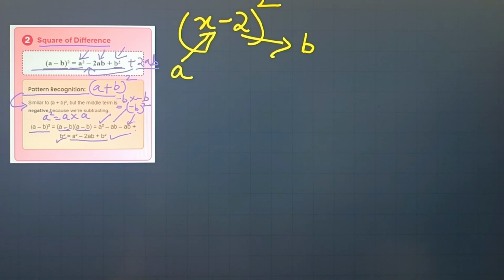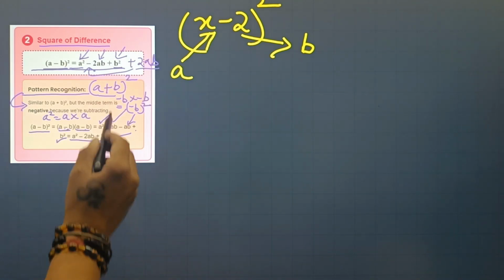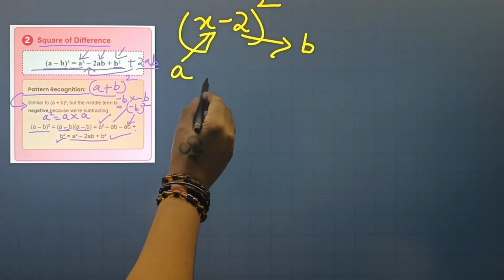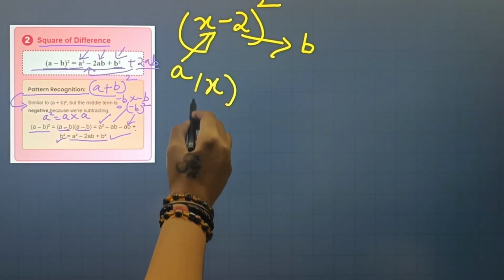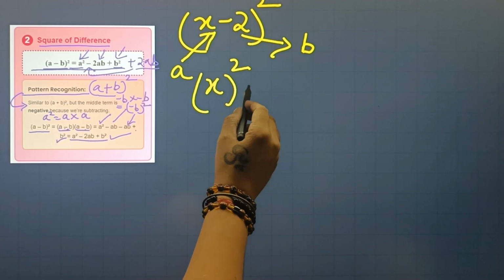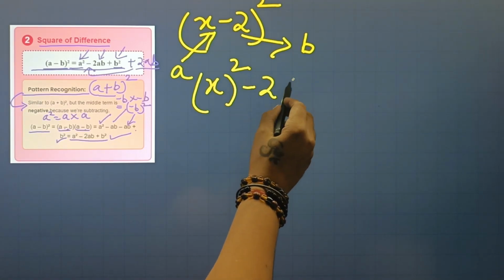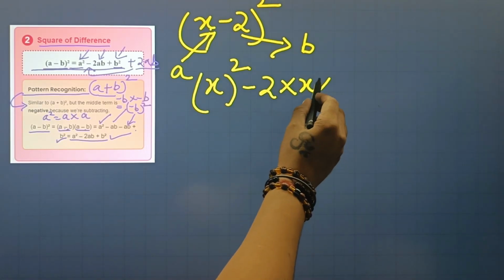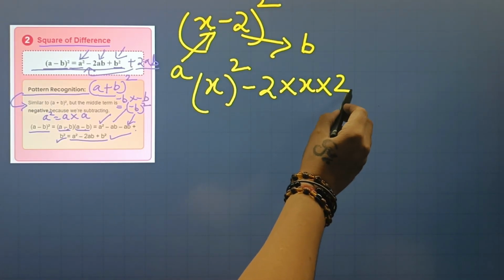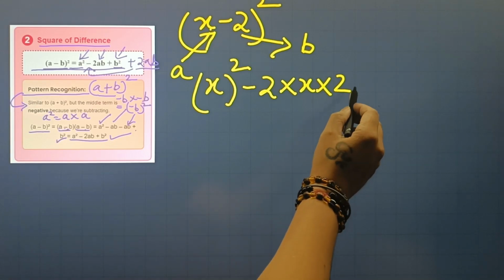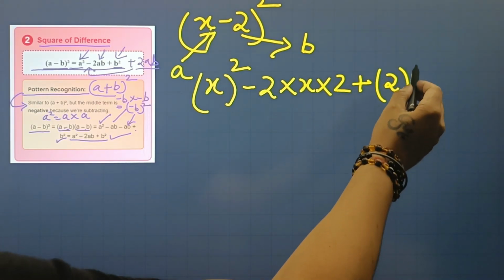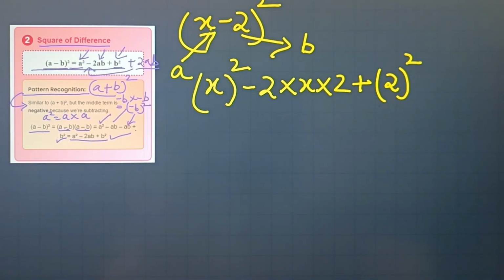So by using this identity, we can write it this way: x² minus 2 into a, which is x, into b, which is 2, plus b², which is 2².